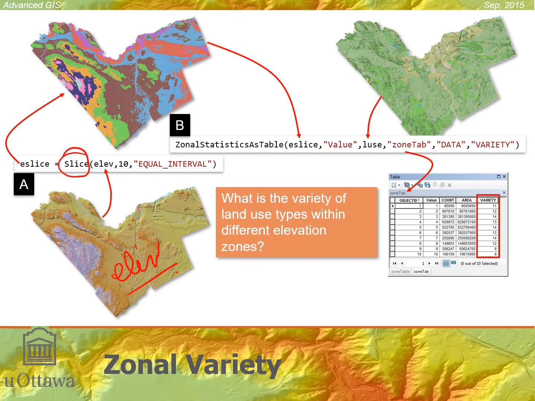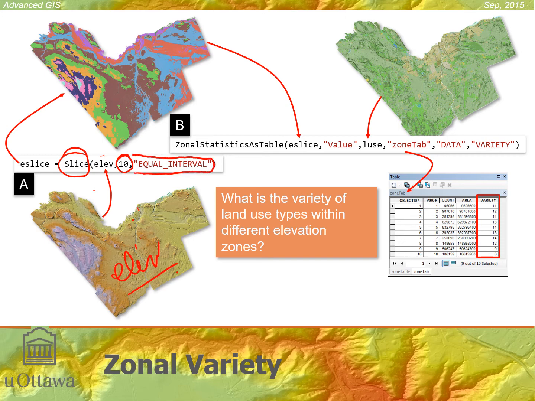We say we want to slice it, and this is just like if you were to symbolize it, you get the same thing, but out comes an actual raster with the zones, not just a symbolization of it, as you would when you change the colors of the symbology or the number of classes in the symbology for a classified continuous map. So we have elevation, we put it into slice, we say how many classes we want and how we want to divide those. That could be natural breaks or whatnot.